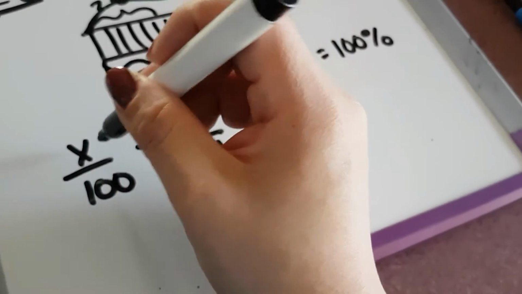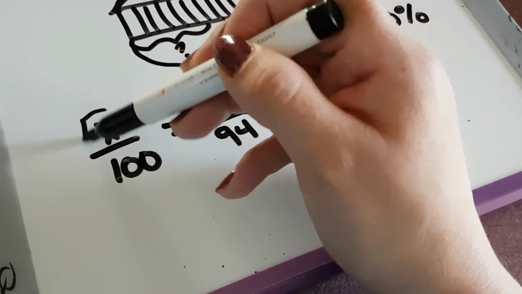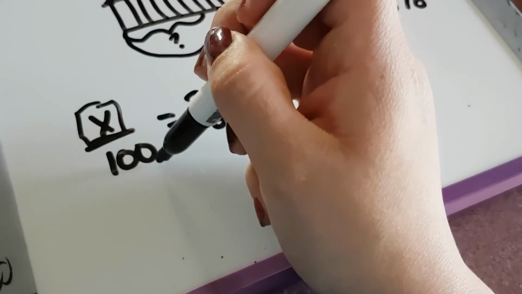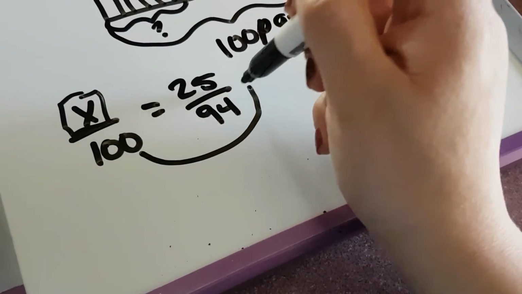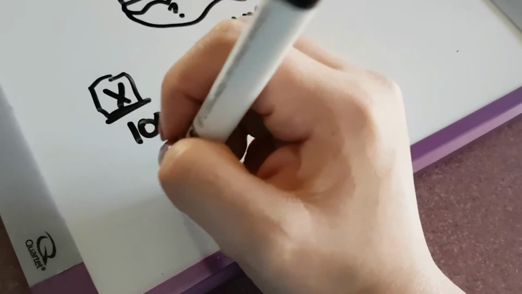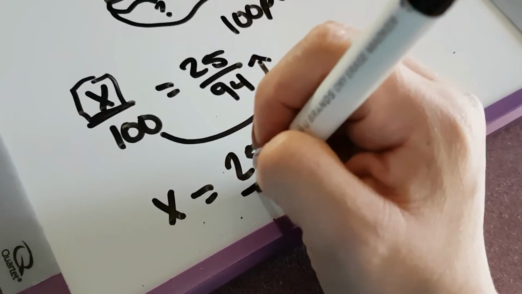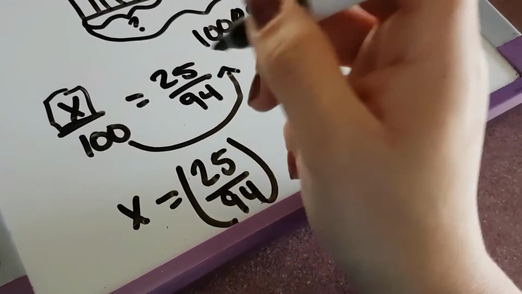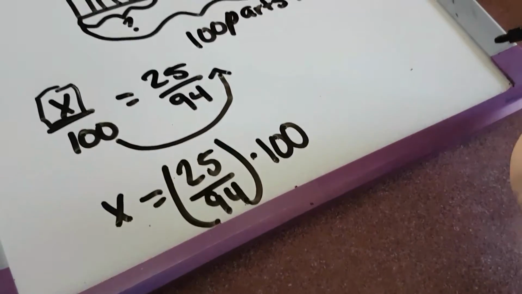So our goal is to get x by itself, because this is what we're looking for. So the opposite of dividing, we will multiply 100 to this side to get x by itself. So this will be x equals 25 out of 94. I like to write them in parentheses because they're by themselves, times 100.